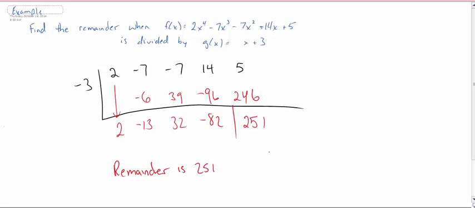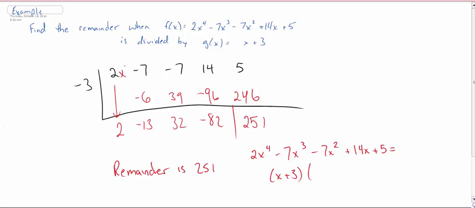Another way that I could write this would be, using what we had on the previous slide, this is equal to x plus 3 times my quotient. These are now coefficients of what we call a depressed polynomial.